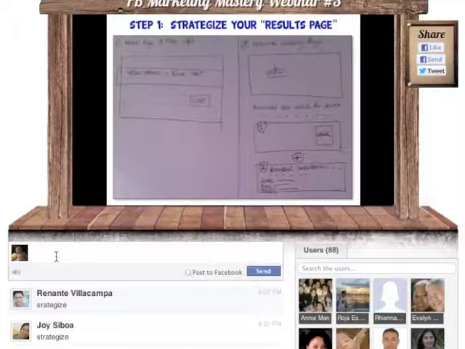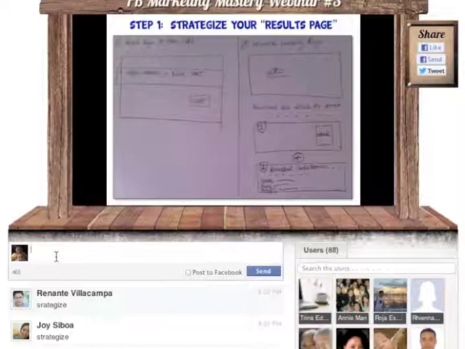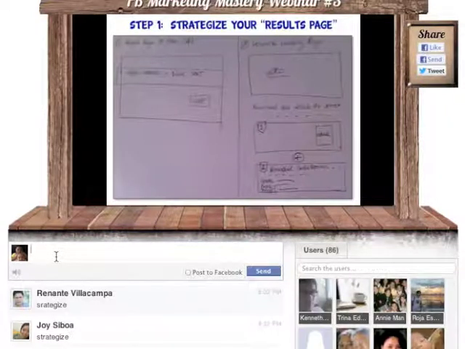So I had a session, her name's Kim. And basically what we did was organize exactly what we're going to do with the results page and how we're going to sort of acquire more customers through the fan page.